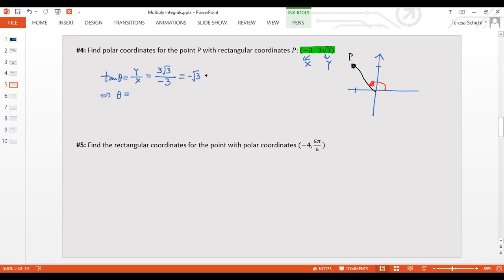If you put it into the calculator, it is going to give you theta equal to negative 60 degrees, because it is using the inverse trig function.